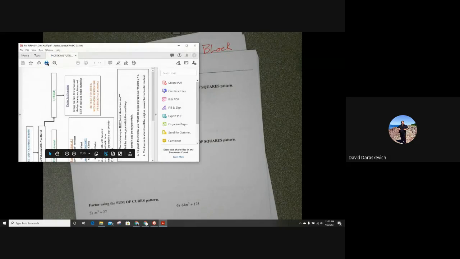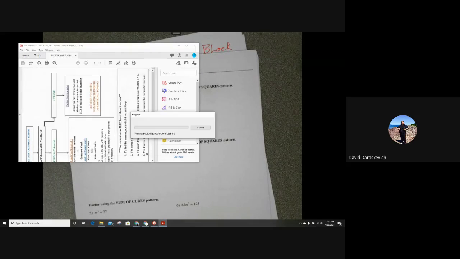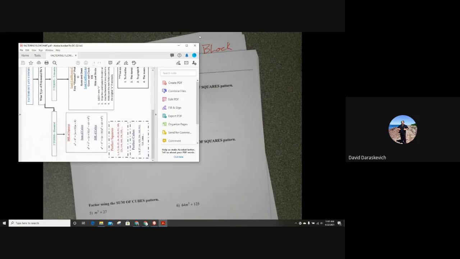I got to go ahead and print it out. Okay, this is what that flow chart looked like from last semester. And like I said, I will put it on Google Classroom.